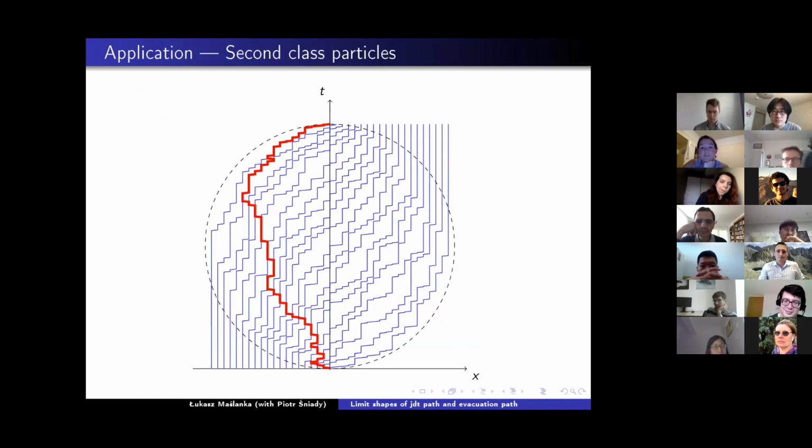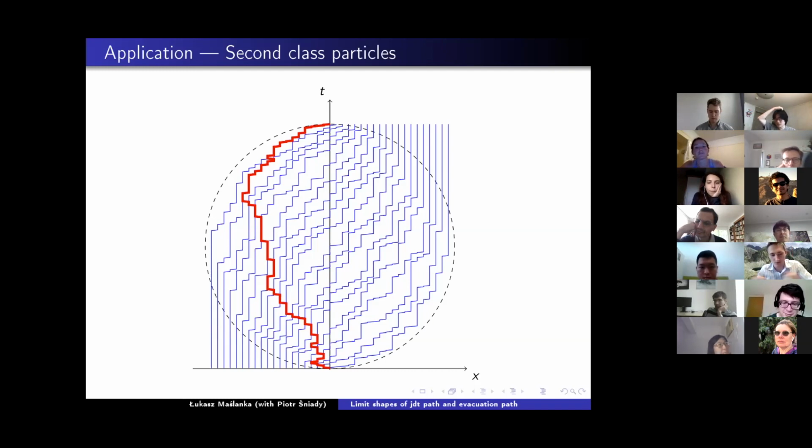As it goes for the applications, with the theory of standard Young tableau, there is also a theory of random sorting networks and second-class particles which are connected, and these results in particular can be translated into the language of the second-class particles.